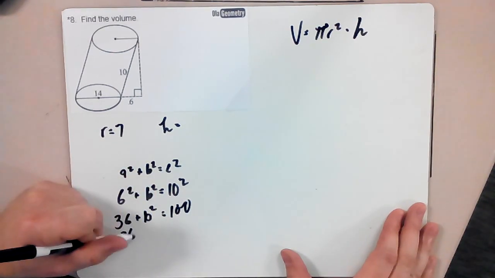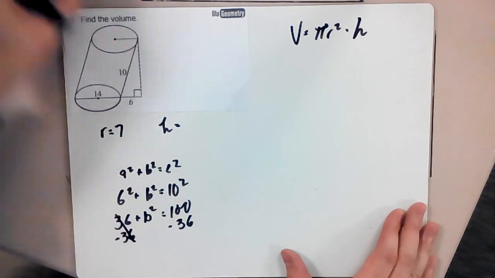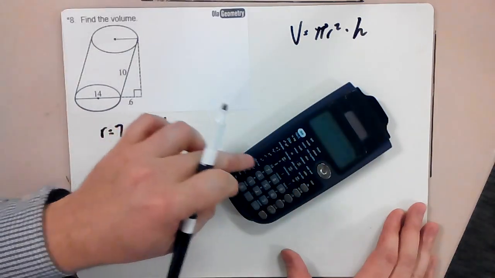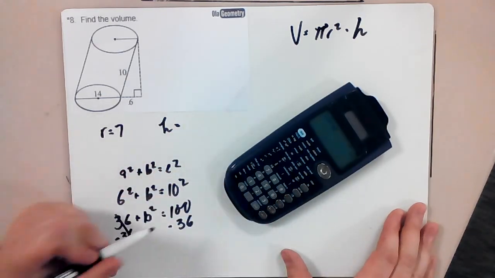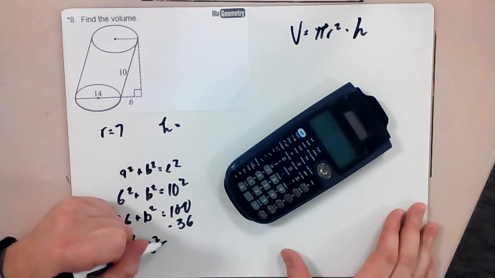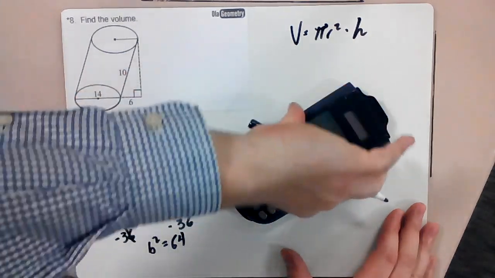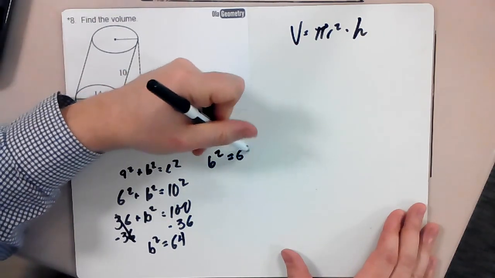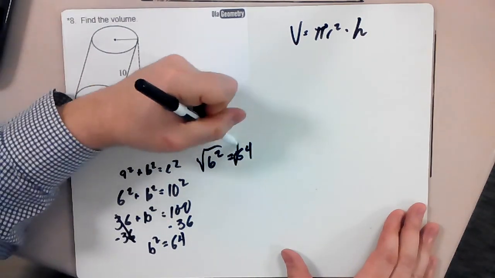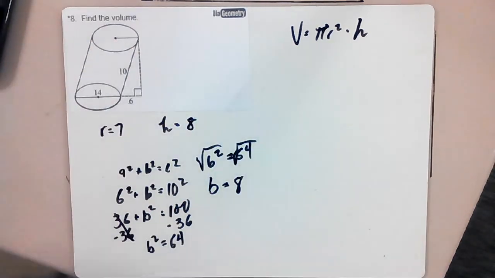I subtract 36 from both sides, and 100 minus 36 is 64. B squared equals 64. I take the square root of both sides. B equals 8. So that's 8.